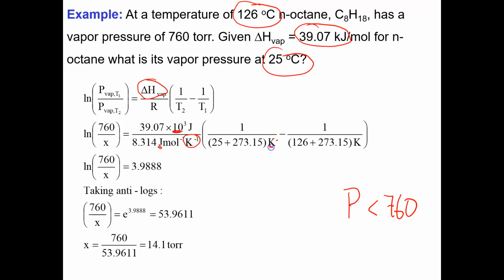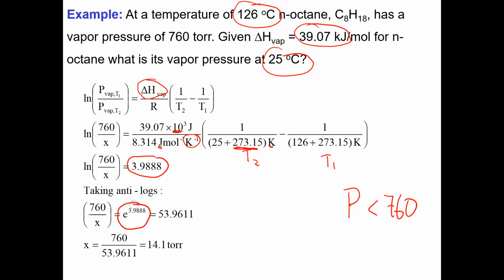So you can see that I've converted my T2 and T1 here to Kelvin by adding 273.15. So now I evaluate all of the right-hand side and I get this number close to 4. And then I need to get rid of the log, so I need to take the anti-log.